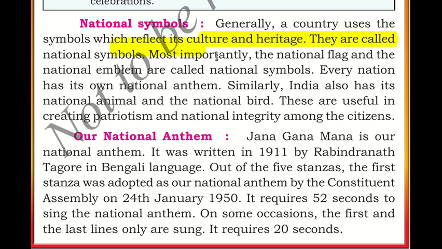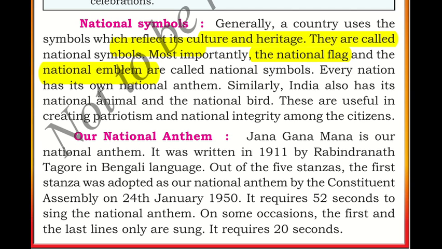So they choose those to be the national symbols. Most importantly, the national flag and the national emblem are called national symbols. The most important national symbols are the national emblem and the national flag.